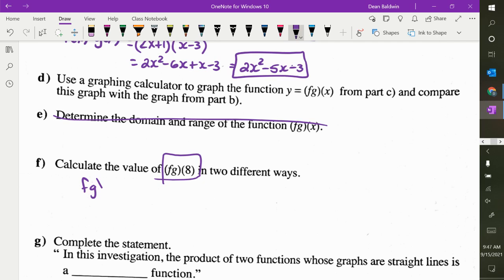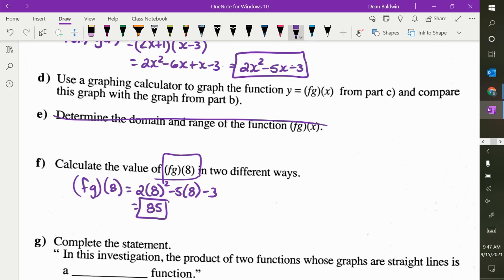So fg of 8 is equal to, which gives you 85, if my math is correct.